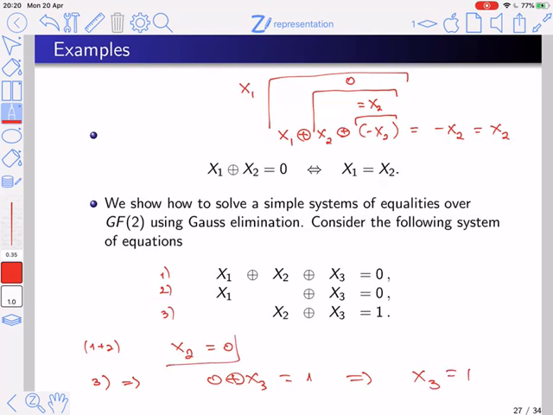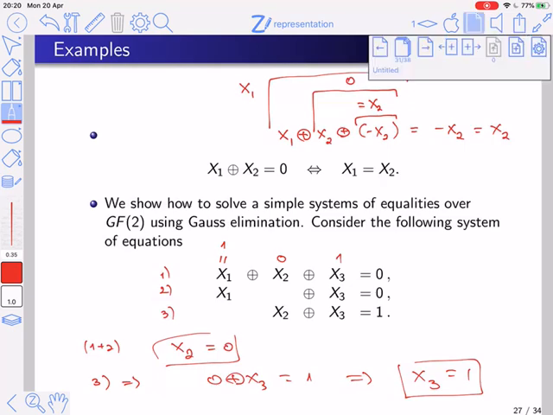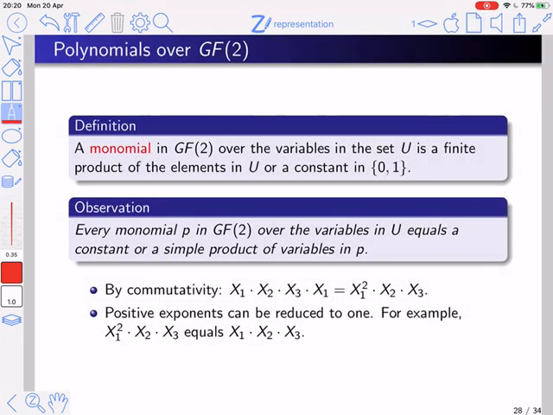So now I know x2, I know x3, I can solve x1. So x2 is a 0, x3 is a 1, therefore x1 plus 1 is 0, which means that x1 has to equal 1. Okay, so we can solve systems of equations over GF2 just as we do over any other field.